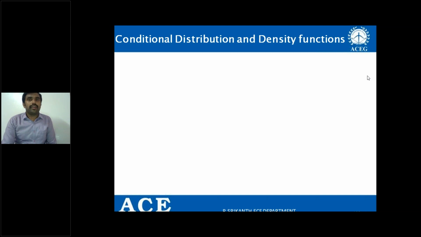Dear students, in the last session we discussed joint distribution and joint density functions, and also marginal distribution and marginal density functions, how to represent them, and what the properties of joint distribution and joint density function are. We also saw how to derive the marginal distribution and marginal density functions, and how to plot them using a problem.